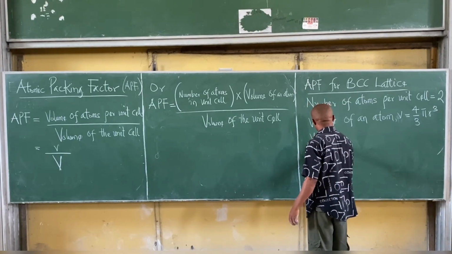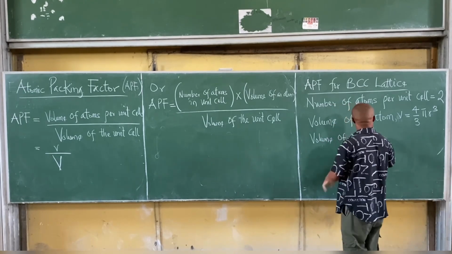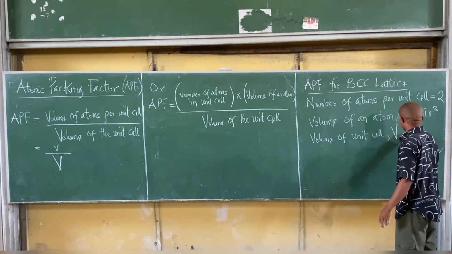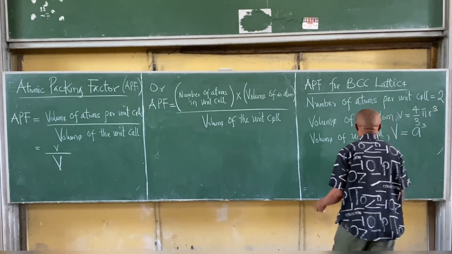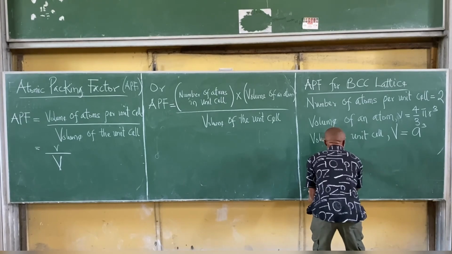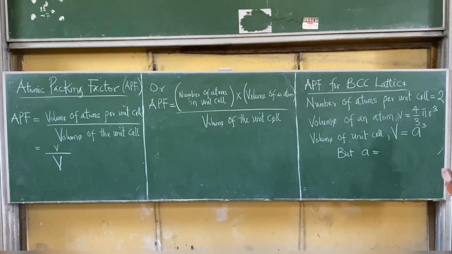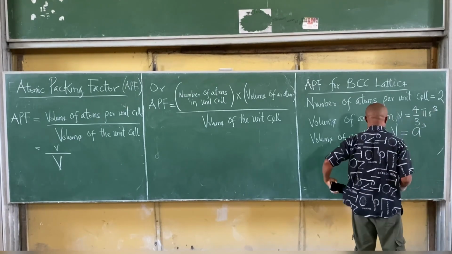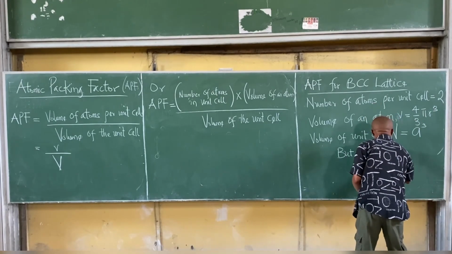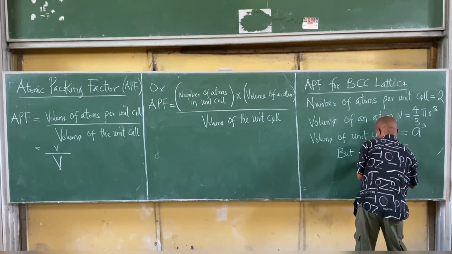Volume of unit cell, V, is equal to a cube. Now recall that our lattice constant a, in relationship with the radius for a BCC lattice, is gotten to be 4r√3/3.